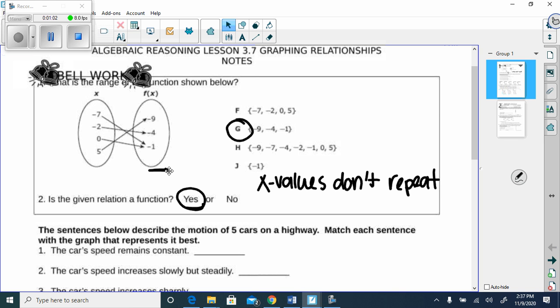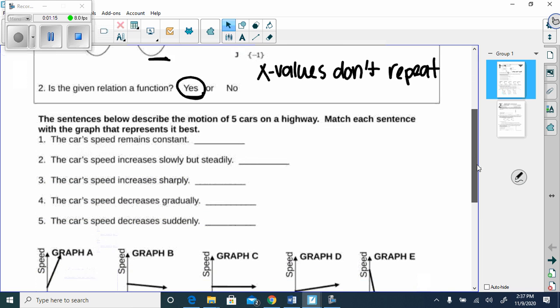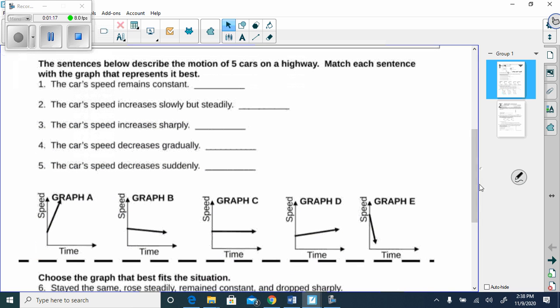Okay, so now moving into today's notes, we're going to be looking at graphs and determining what those should look like for a given situation. So they tell us that the sentences below describe the motion of 5 different cars on a highway.